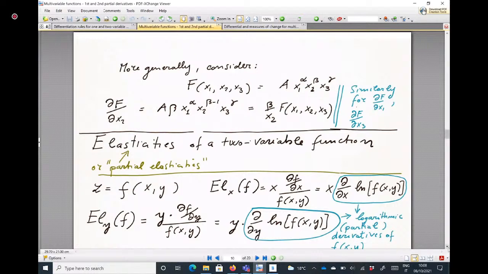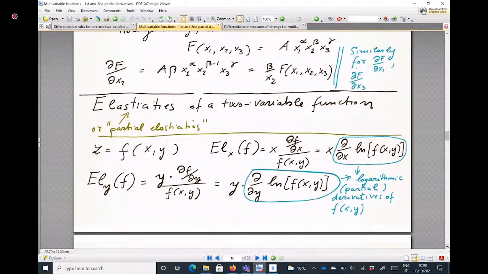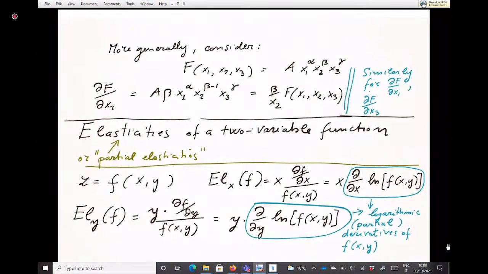Now, what are the elasticities of a two-variable function? Let's consider the elasticities of a two-variable function. They are also called partial elasticities. You know what the elasticity of a one-variable function is.